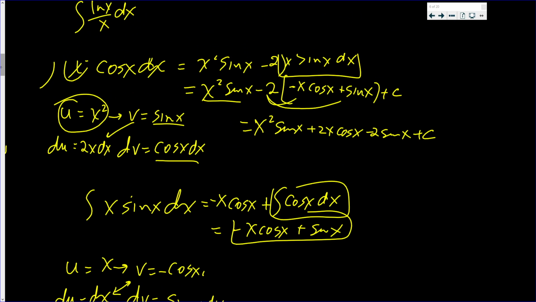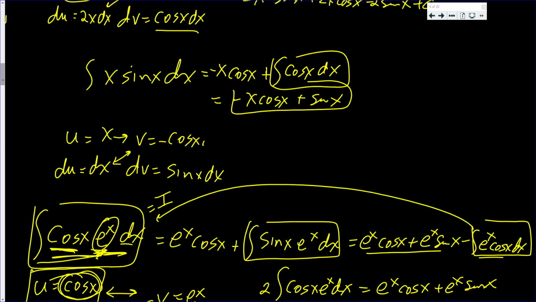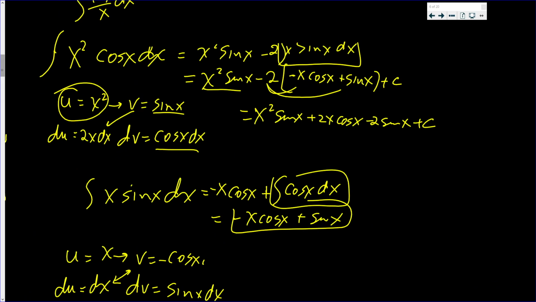Let us try this one. Just trying to figure out what that power was. Looks like it was x squared. The integral of x squared. And our final answer, I take it, is right here.